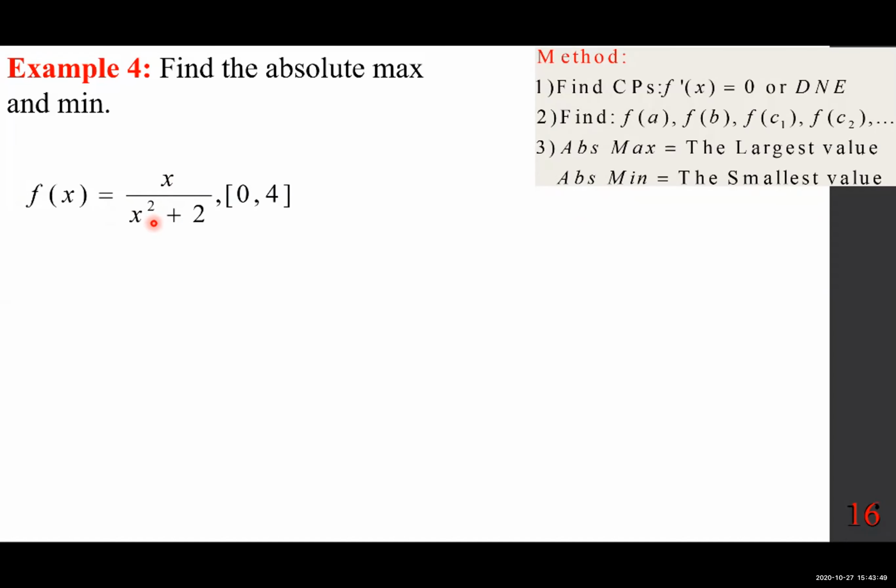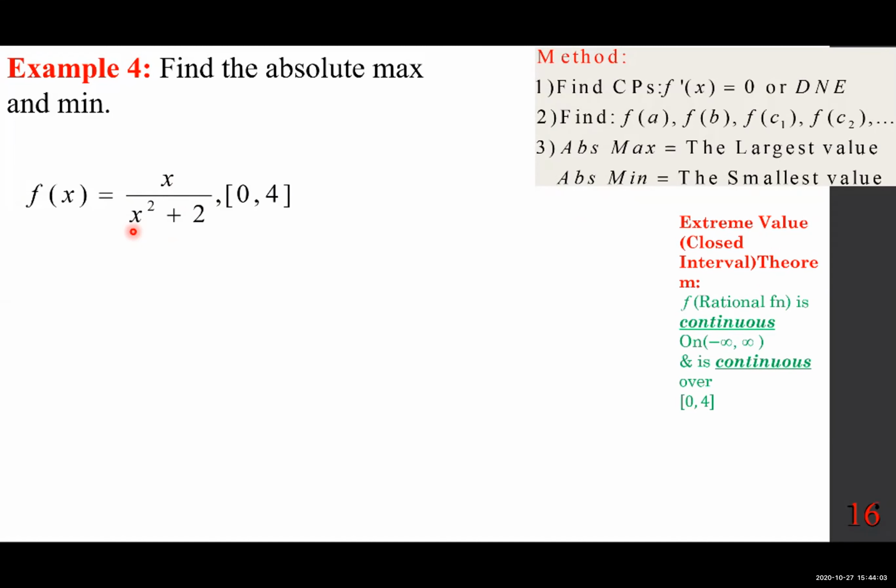So how do you find the domain of any rational function? You set the denominator equal to 0 and you exclude that. X squared plus 2, because it's plus 2, can never ever be 0. So this has a domain of all real numbers. So although it's a rational function, there is no restriction. Okay, everybody? The domain is all real numbers.